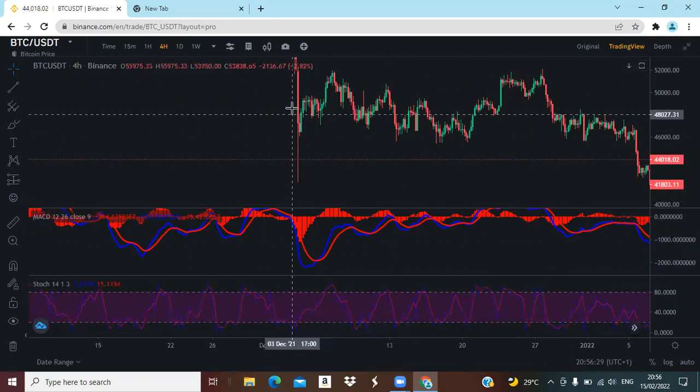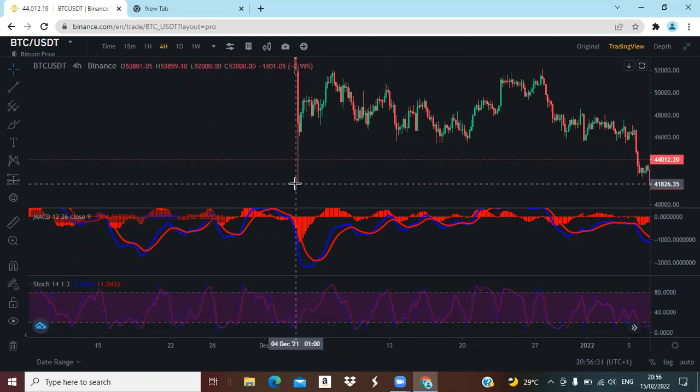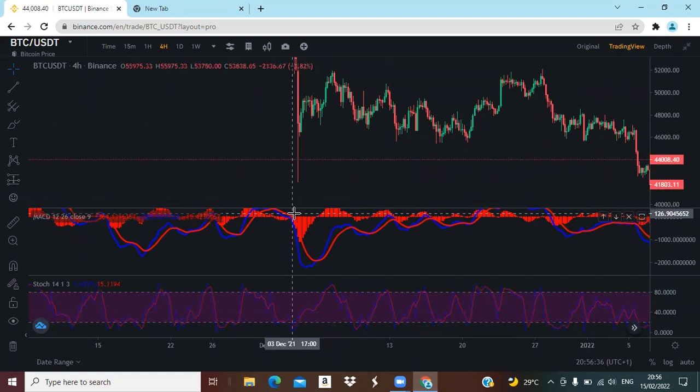That is, when you see this come inside of this area, you know that this is below this very line. That is, the MACD signal line and the MACD line are on the negative side of the MACD coming down.